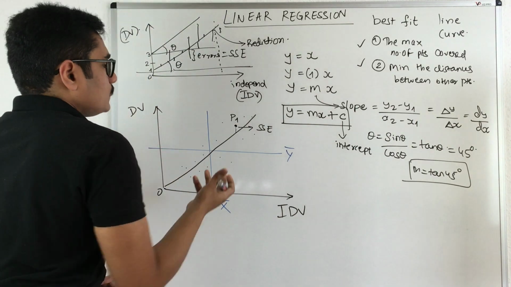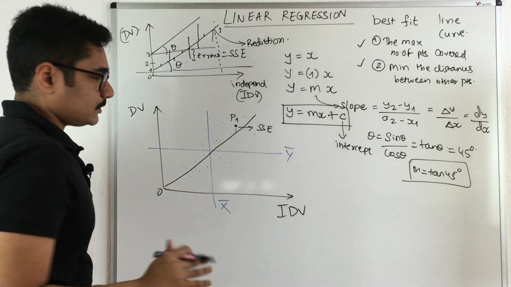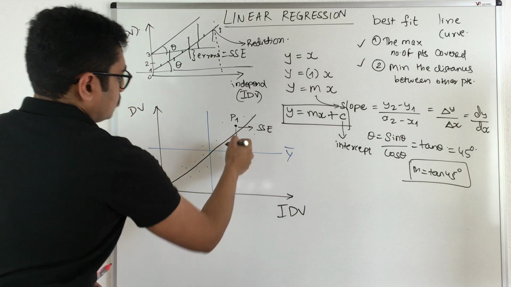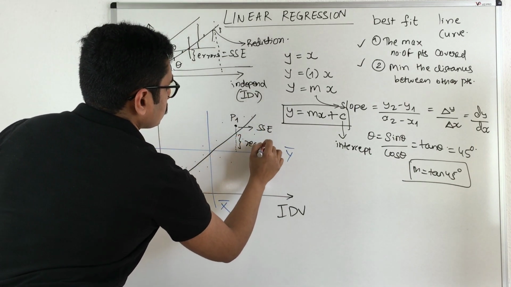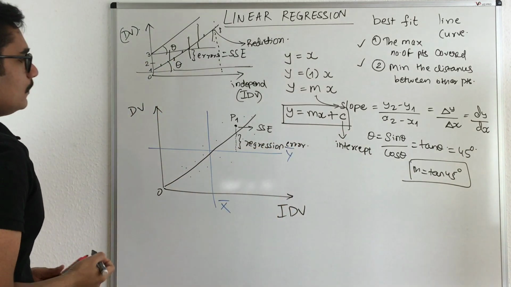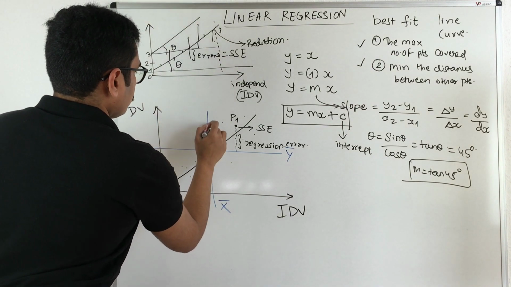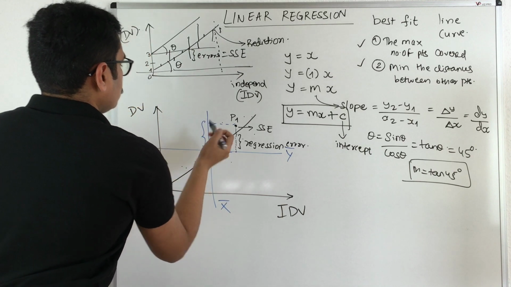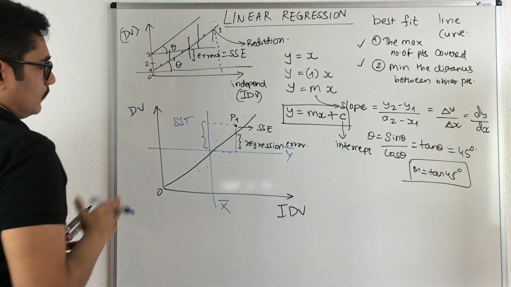Now you can also see that there is another type of error, that is your average prediction from this predicted. This essentially is called the regression error. So now you take this total and this one. You call this the SST, that is the total sum of squares.